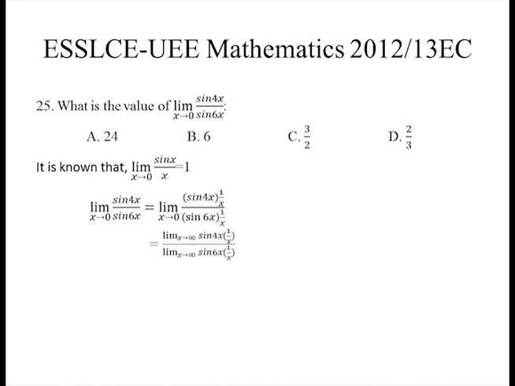Mathematically, it is possible to multiply both the numerator and the denominator by the same number, because dividing a number by itself gives us 1, and hence multiplying a number by 1 gives the number itself. So let's multiply the numerator and the denominator by the coefficient of x.